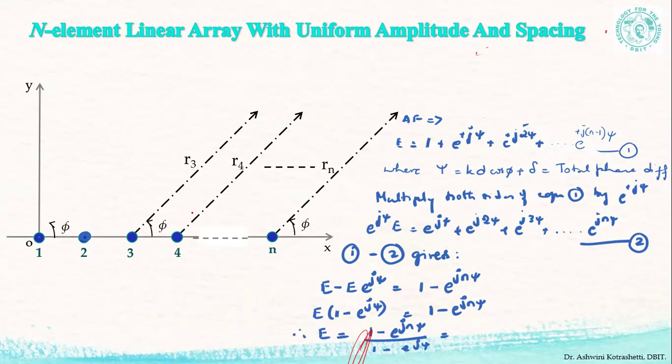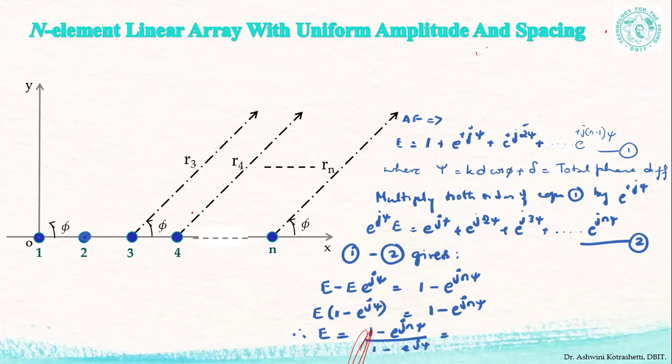I hope you can see the cursor. And the second element also has amplitude 1 and so on. So the first element shown at the origin is given 1. The next one, the psi. The psi was what? kd cos phi plus delta, right? So the next element has amplitude 1 and the phase is e^(j psi).